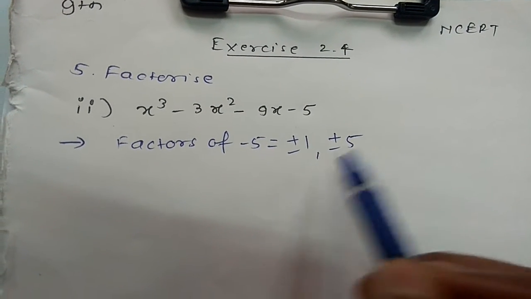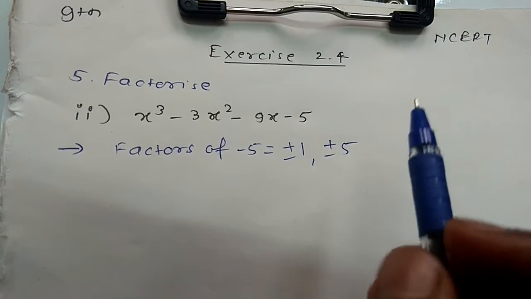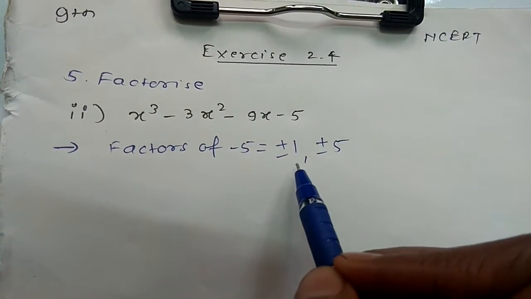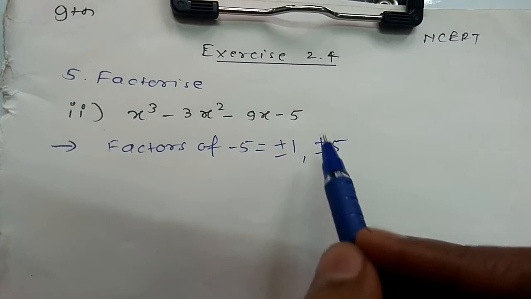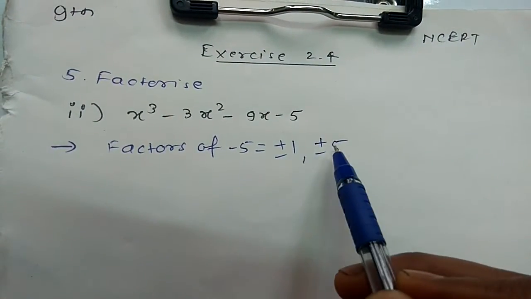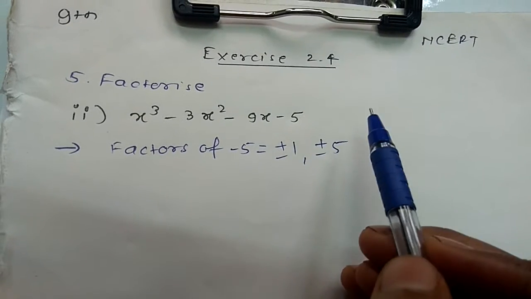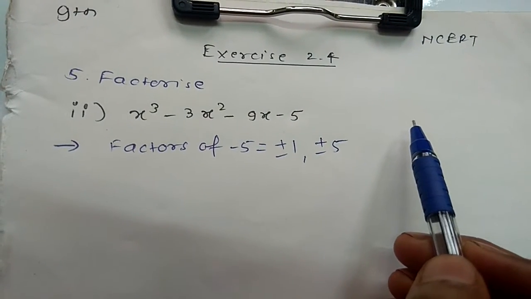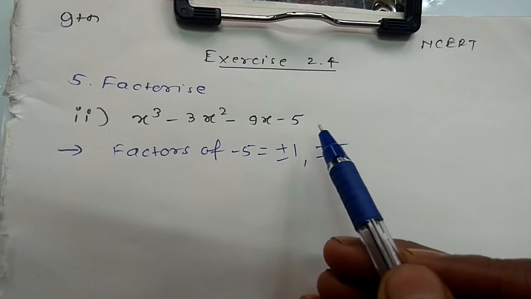But what problem arises here? We'll get x plus 5 and x plus 1, and minus 1 and minus 5 are not usable here, and we have a cubic polynomial, so we will get only 2 factors, and the third factor will be repeated. That third factor may be x plus 1 or x plus 5, so you will not come to know which is the repeated factor.